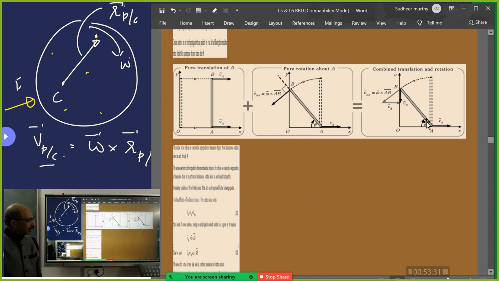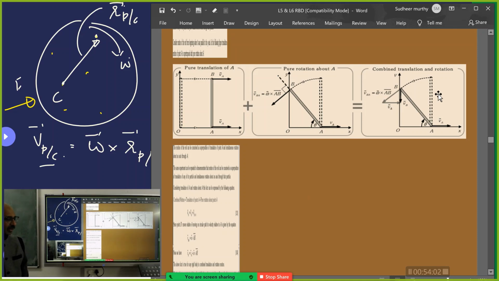And at the same time, since theta is changing, this point B is rotating with respect to this point A. But the instantaneous axis of rotation of this is not B. In the last class I drew a vector here and a vector here; the instantaneous axis of rotation is that.